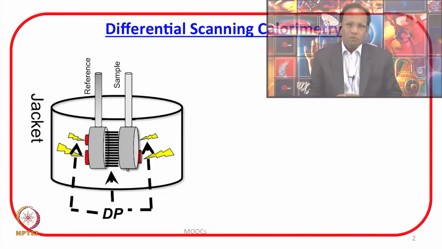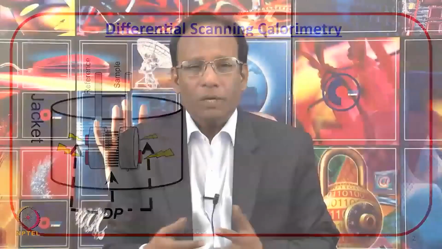The cell volumes require only a few microliters. Today, there are differential scanning calorimeters specifically suited for biological systems, in which the cell volume can range from 1 ml to 300 microliter. And I am sure in future we will have differential scanning calorimeters in which even smaller volume of the protein or nucleic acid sample may be required.